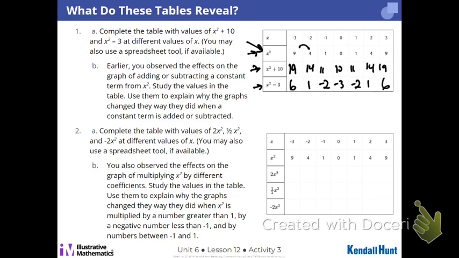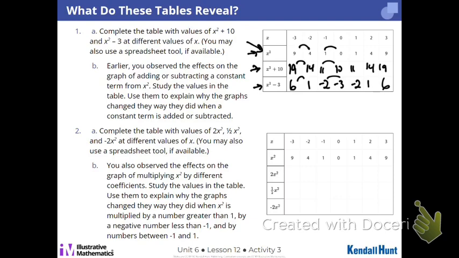From here to here, how did it change? -5. What about here to here? -5. What about here to here? -5. So the changes were all the same. Let's look somewhere else. What about from here to here? -1, -1, -1. So same spot to same spot, the change is the same.